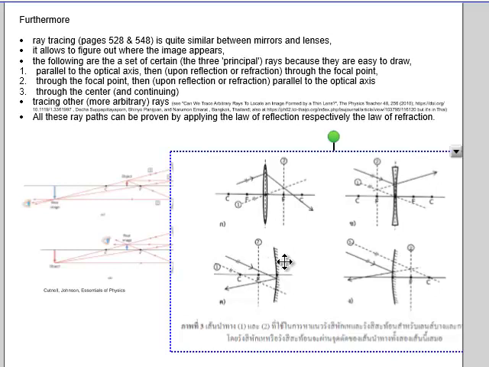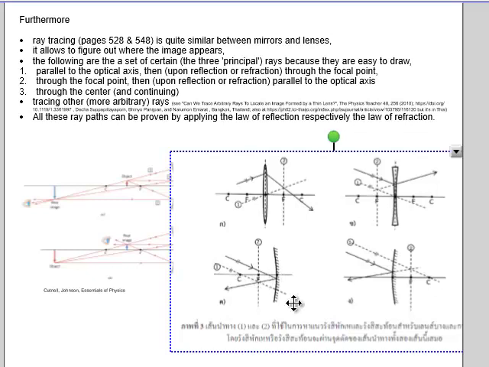Let's look at this concave mirror. This ray is not parallel to the optical axis, nor is it through the focal point or the center, but it hits at some angle. It comes off, and what you do is look not at the focal point but at the focal plane. You take this ray, push it down parallel up to here, and now you apply this line here where it then intersects.